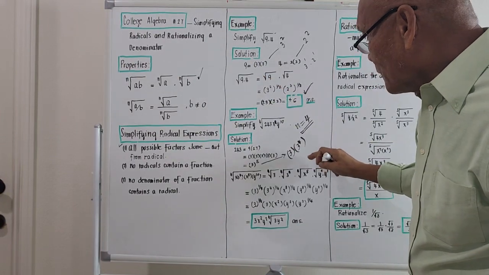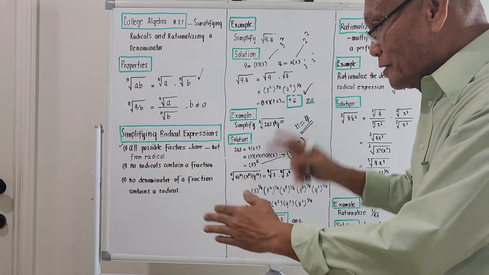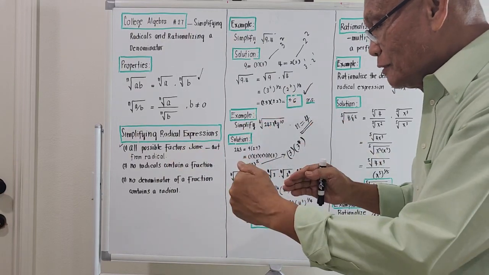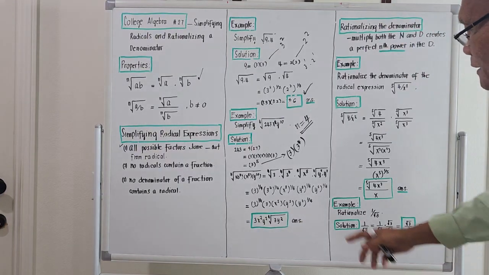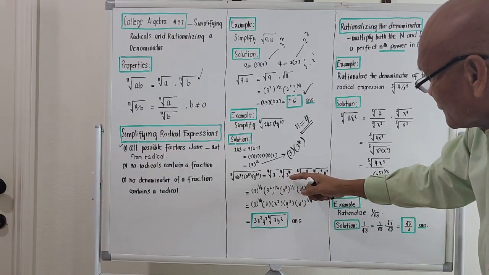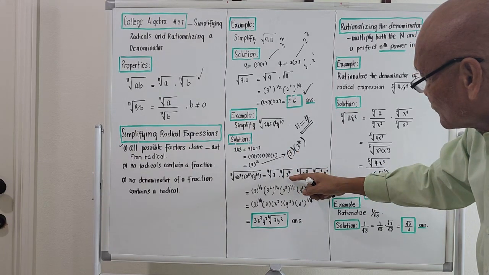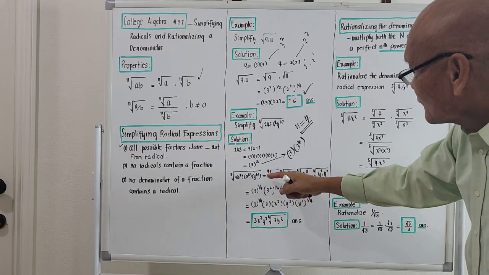For this example number 2, there are 3 radicals, right? If there are 2, there should be 2. So if we expand now, this should be the fourth root of 3 times the fourth root of 3 to the 4th, because 3 times 3 to the 4th is the first one.